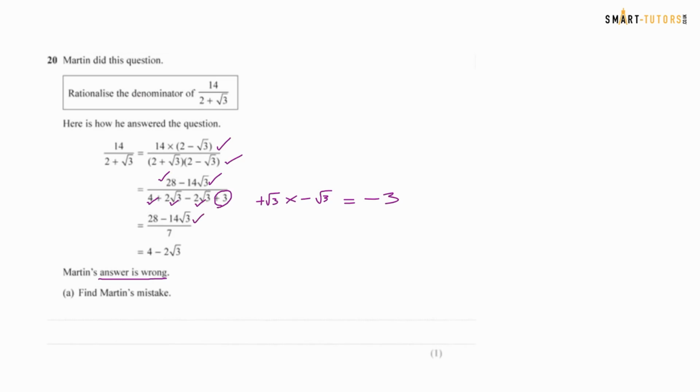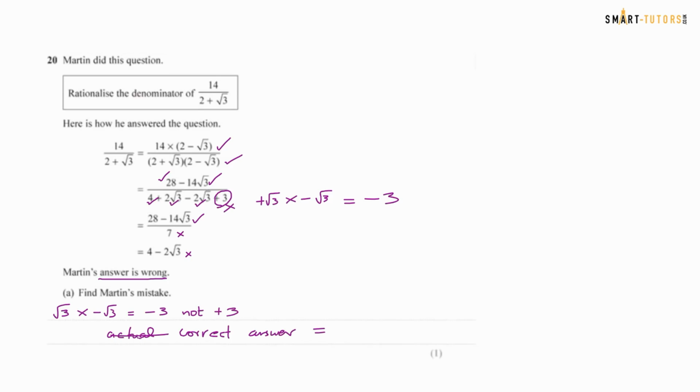So the rest of the question is right, but this is wrong and the answer is wrong. Martin's answer is wrong. Find the mistake. So you need to say root 3 times minus root 3 is minus 3, not plus 3. So it's a 1 mark question, but I would like to do the actual correct answer.